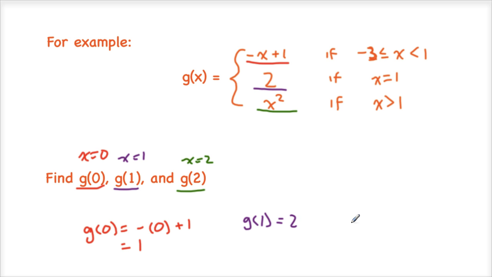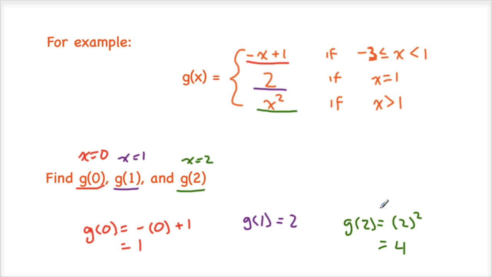And then third, g of 2, I need to plug that into this partial function, x squared. So I'm going to plug in 2 squared, and so g of 2 equals 4. So the biggest thing with this is you're evaluating functions just like you did before. You just have to figure out what x is and then what interval that falls under as to which partial function to use to evaluate it.